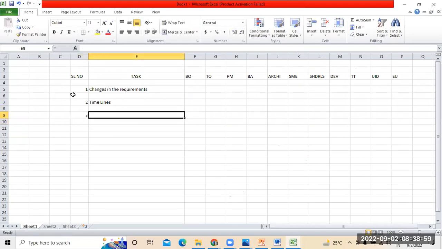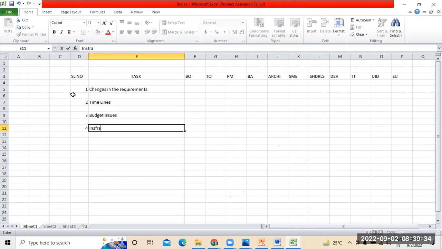Third one, budget issues. Changes in requirements is the first point, timelines is the second point, budget issues is the third point. The fourth point is infrastructure changes, or software and hardware changes, whatever it is.